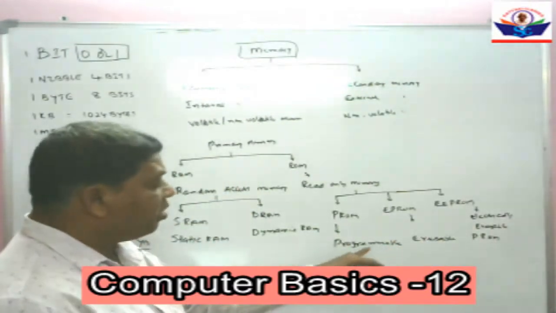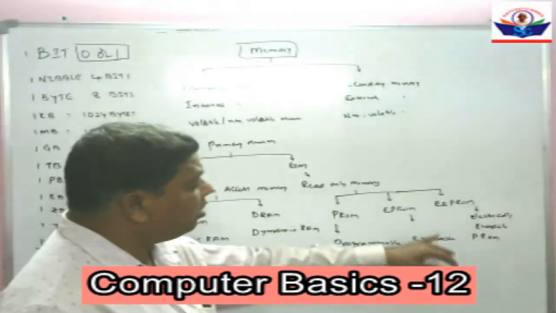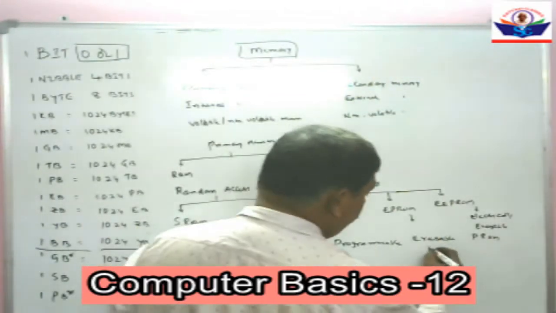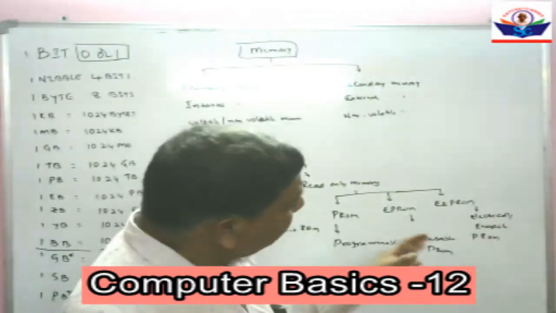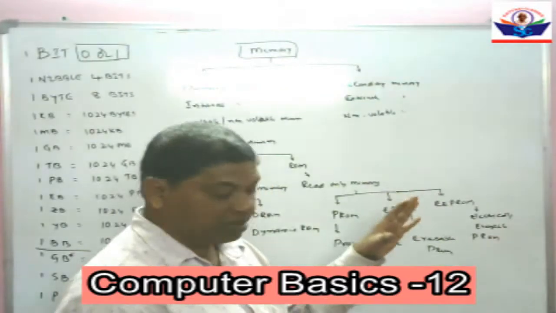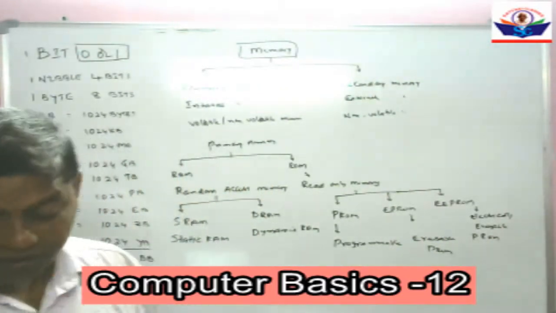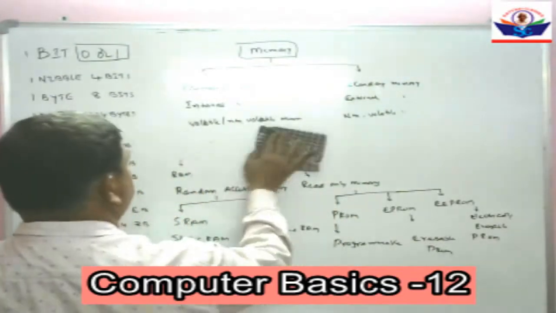PROM stands for programmable read-only memory. EPROM stands for erasable programmable read-only memory. EEPROM stands for electrically erasable programmable read-only memory. Now we'll discuss these in detail.